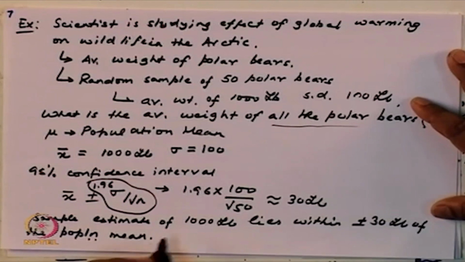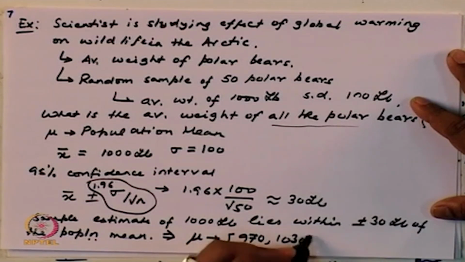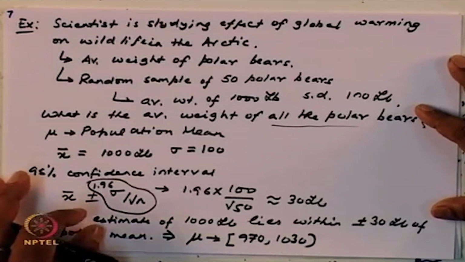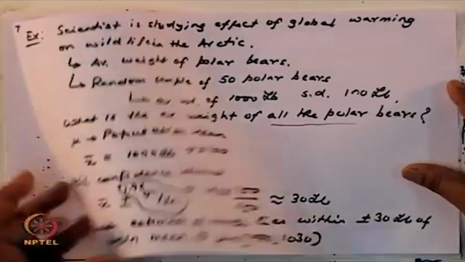Implying the population mean must lie between 970 and 1030 pounds. So, with 95% confidence, you can say that the mean is going to be lying between this and this.